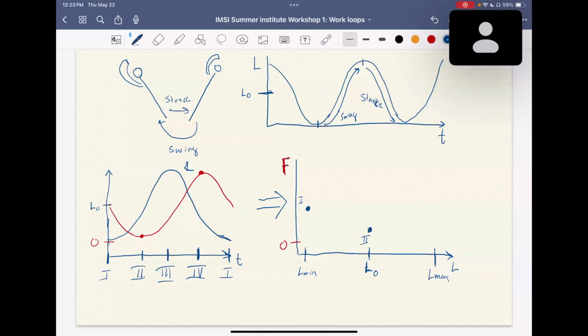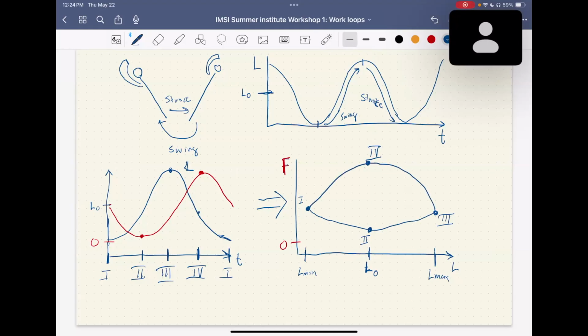Then when we get to our maximum length here, the force has redeveloped some force. But then we start going back, and halfway back through stance, we have our maximum force up here, point 4. And so now we can connect these points, and we get a loop.